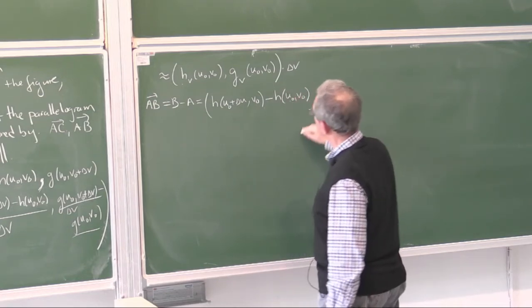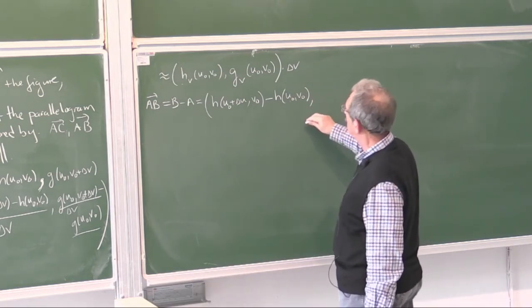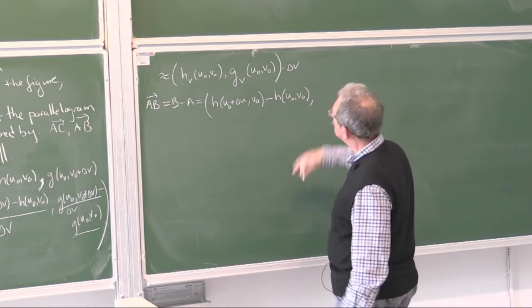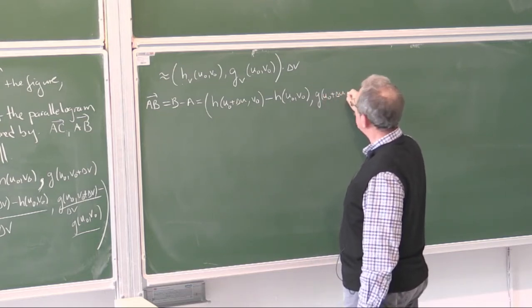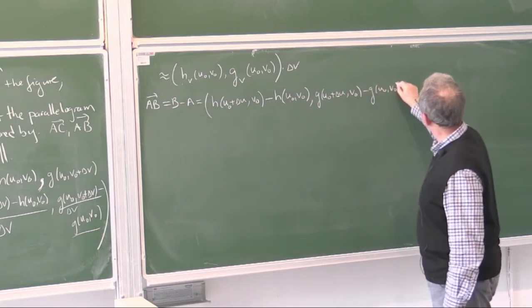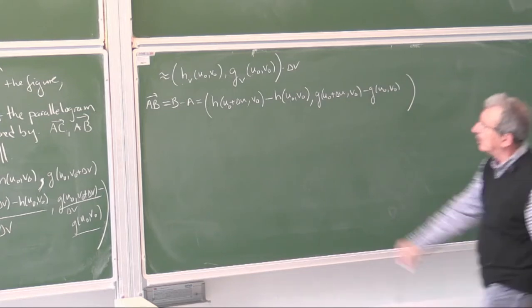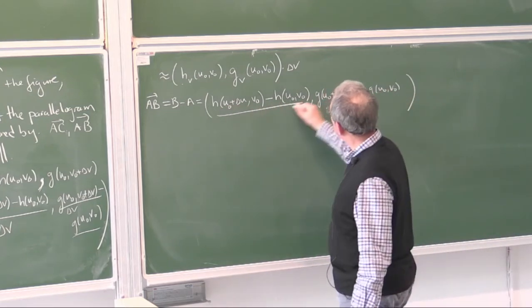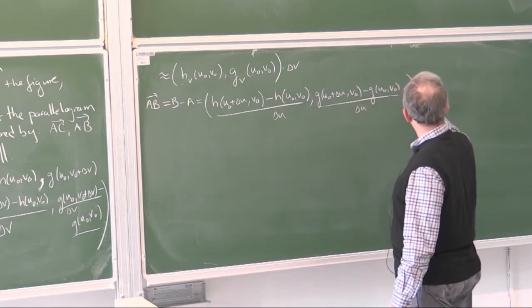And the second component, this is the first difference; the second component would be g of u0 plus delta u, v0, minus g of u0, v0. Now, again, as before, let me divide by delta u and multiply by delta u.